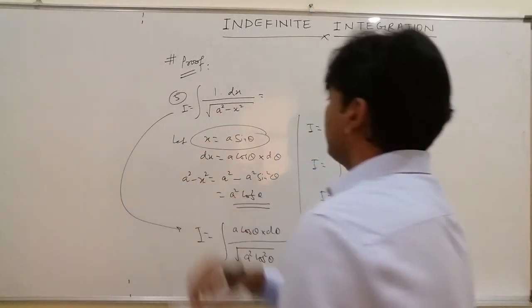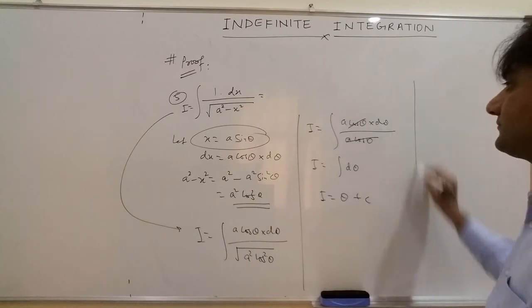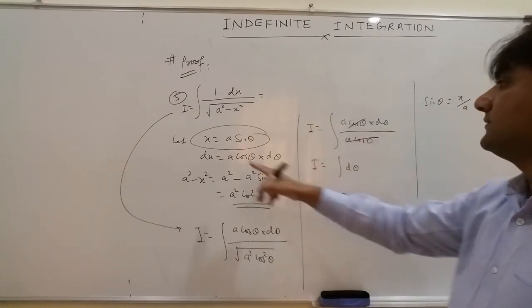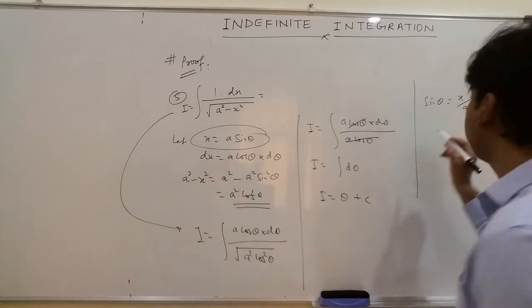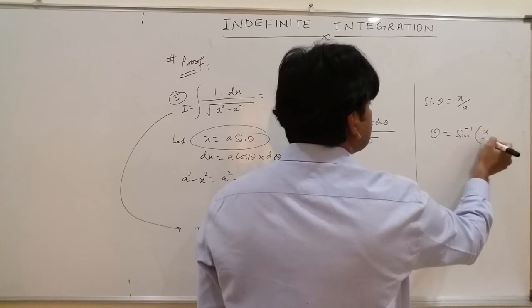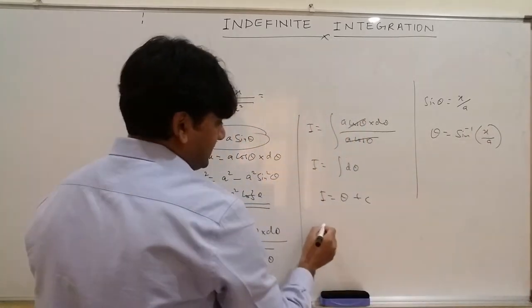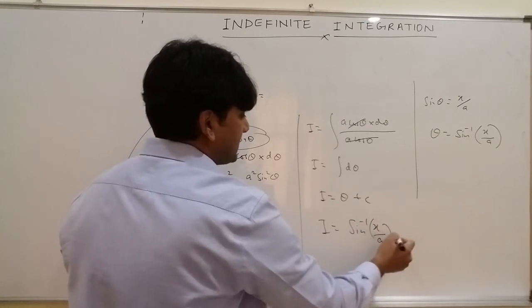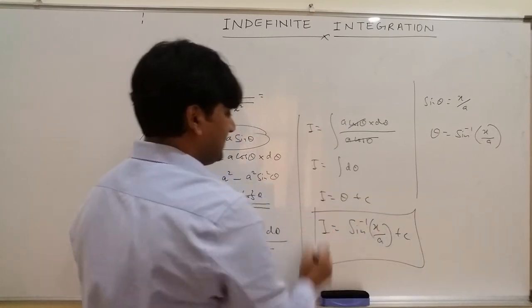So this is my x equals a sine theta. So sine theta is x over a. So from here, theta is sine inverse x over a. So now I equals sine inverse x over a plus c.